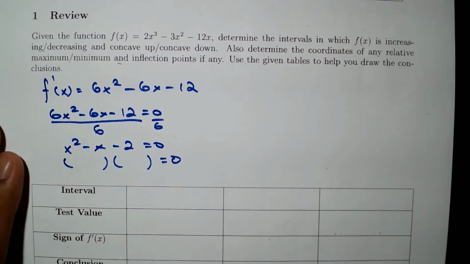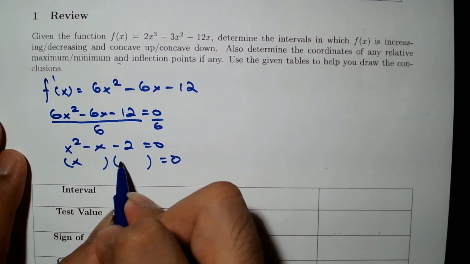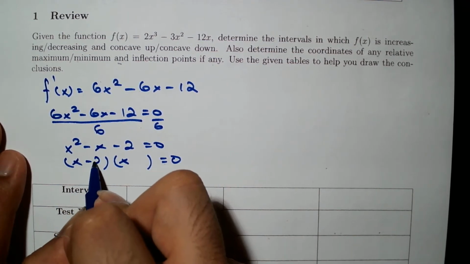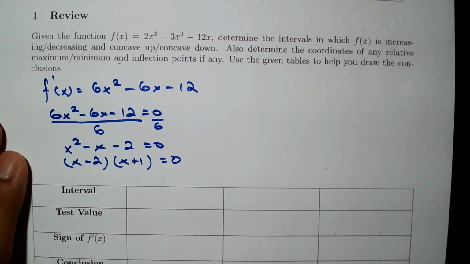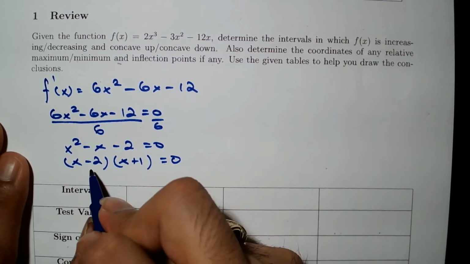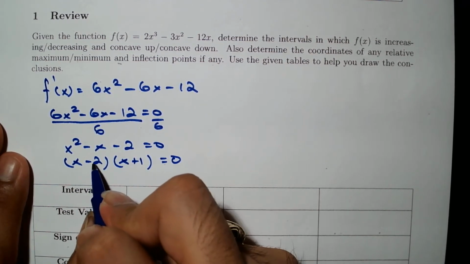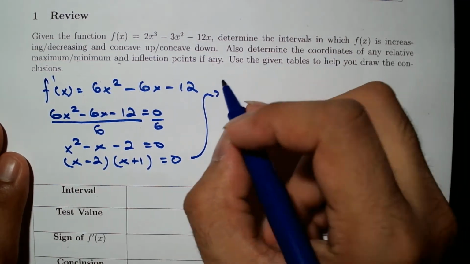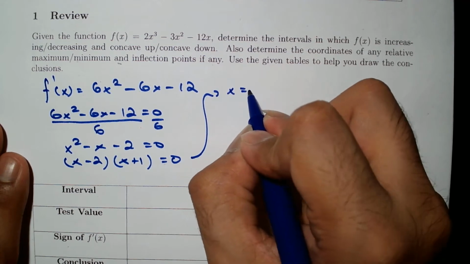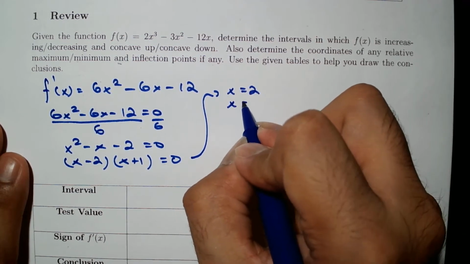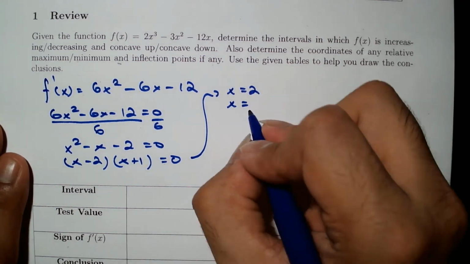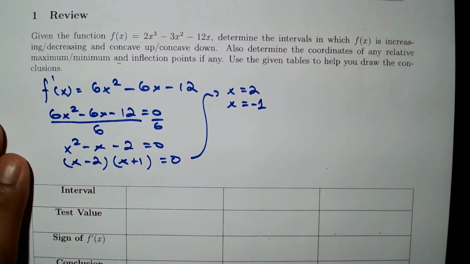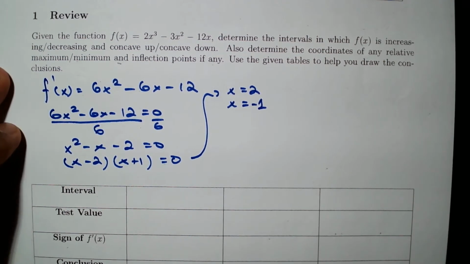Factors of negative 2 that add up to negative 1: negative 2 and positive 1 are the factors, because negative 2 times 1 is negative 2, and negative 2 plus 1 is negative 1. So from here we get x equals 2 and x equals negative 1. Now, what about these numbers?